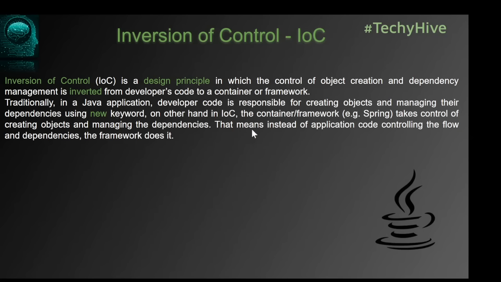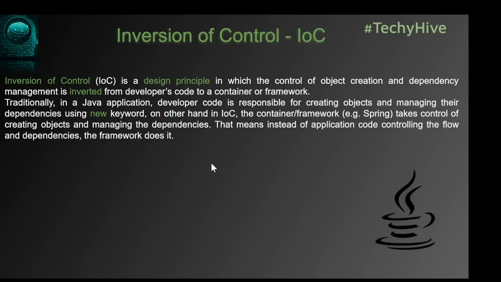On the other hand, in IOC, the container or the framework like Spring takes control of object creation and managing the dependencies. That means instead of application code controlling the flow and dependencies, the framework does it for you. So basically, inversion of control is a design principle which inverts creation of the objects and management of the dependencies from the developer's code to the framework.